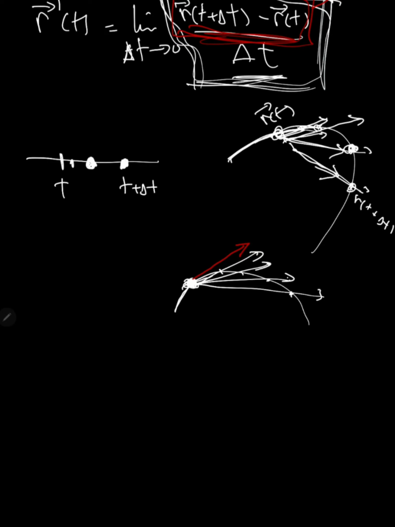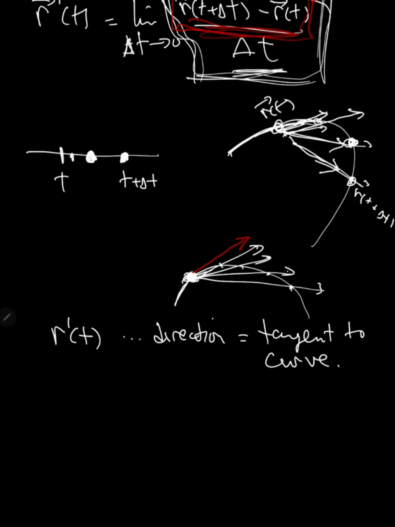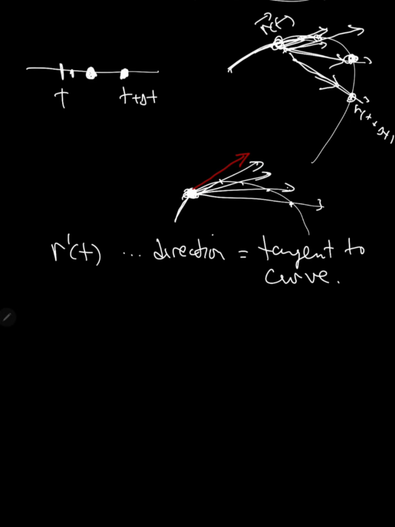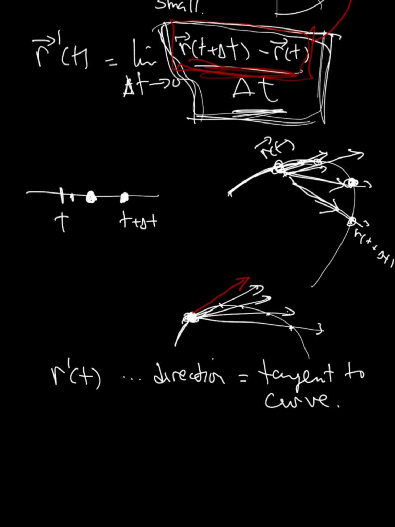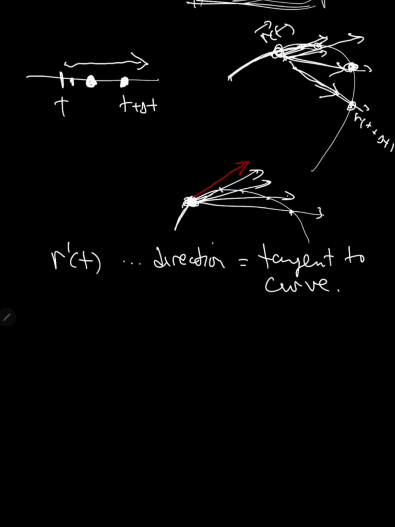Okay, so this argument tells me that r prime of t, the direction, is tangent to the curve. All right, and not only that, you can see that as t gets bigger and bigger, from t to t plus delta t, in the picture I have at least, we're moving in this direction along the curve.